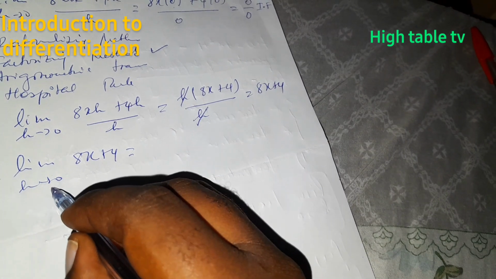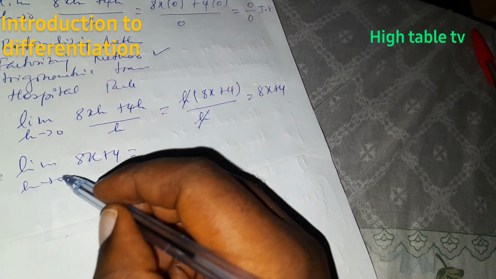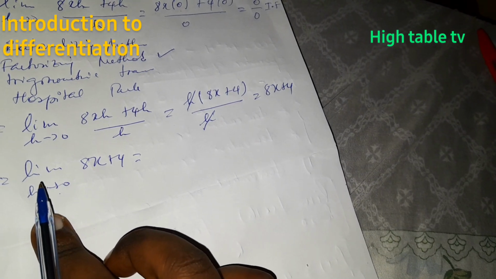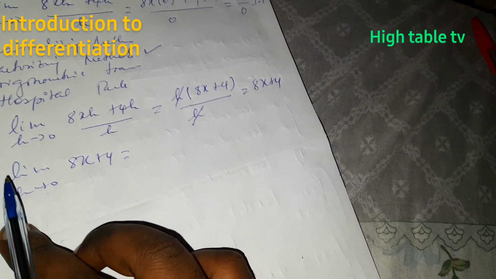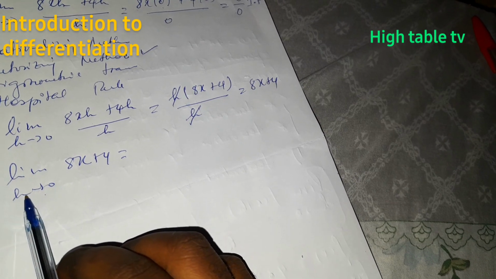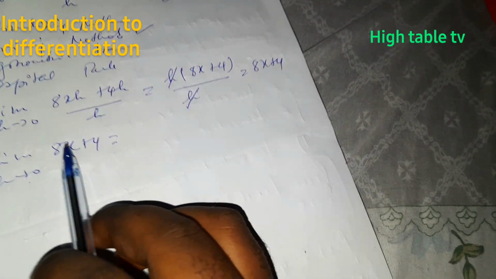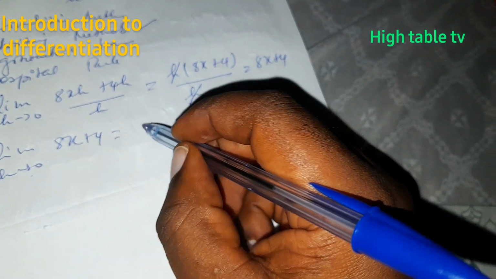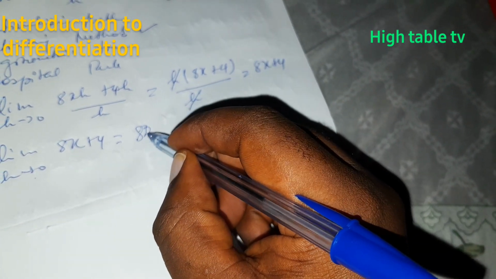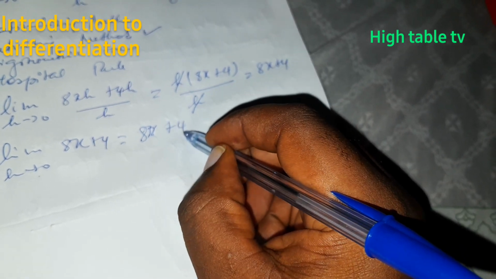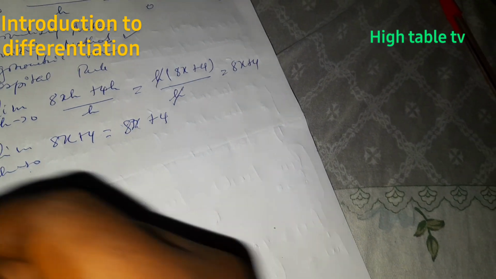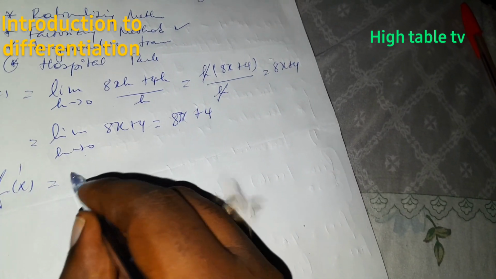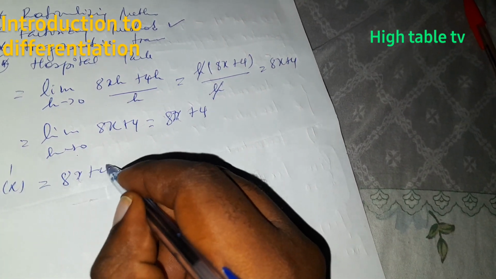Then we can get this by referring to the properties of the limit. The first property says that if you have the limit of a constant, you get the answer equal to that constant. So this will be taken as the final solution of f prime of x, which will be equal to 8x.